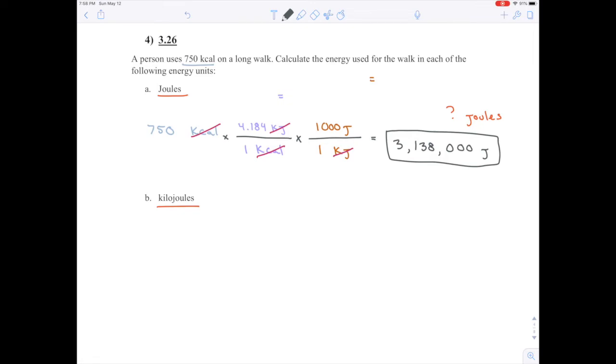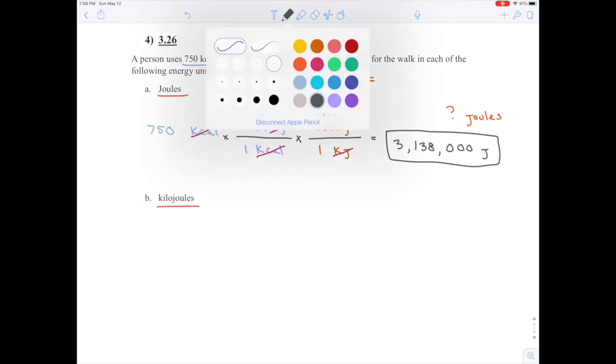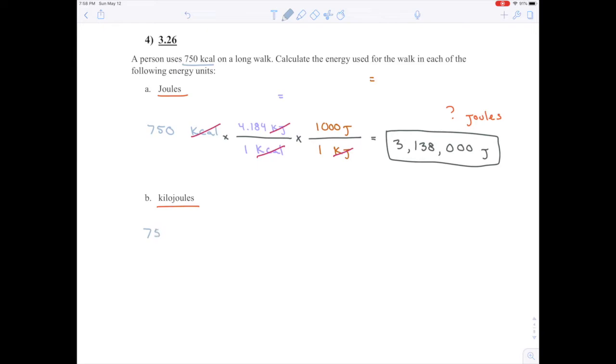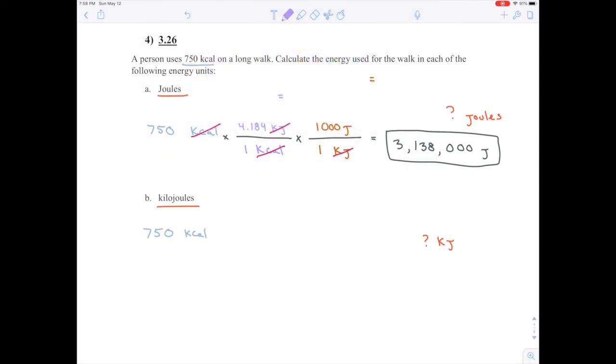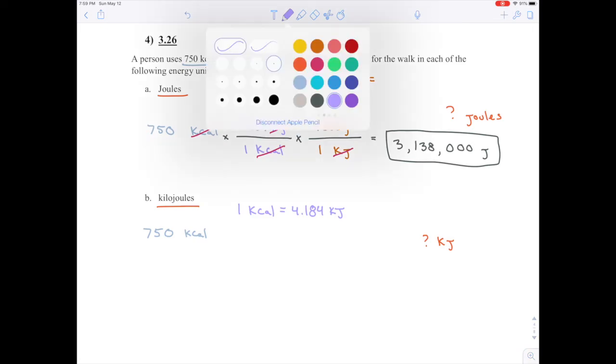Now for B, it's really a similar thing. They give us the 750 kilocalories, and they're asking for, now instead of joules, they're asking for kilojoules. So actually, we can use that first conversion that we had before, where it said that 1 kilocalorie equals 4.184 kilojoules, and we mentioned that that was something that you would want to have memorized, that relationship between kilocalories and kilojoules.